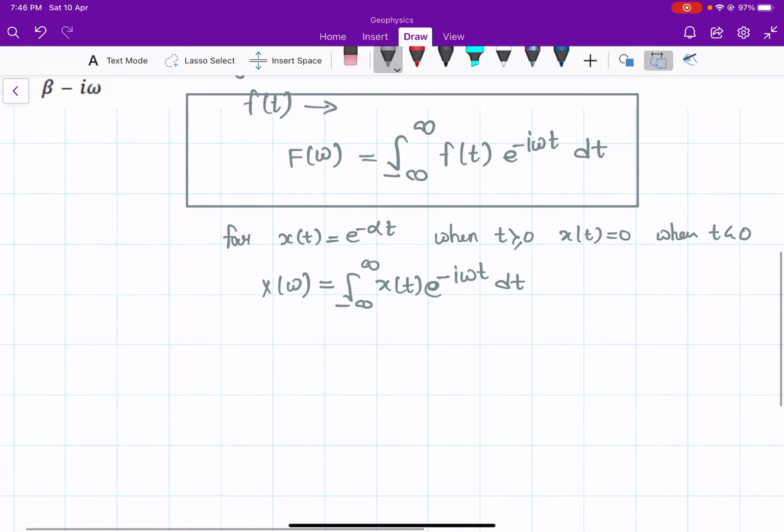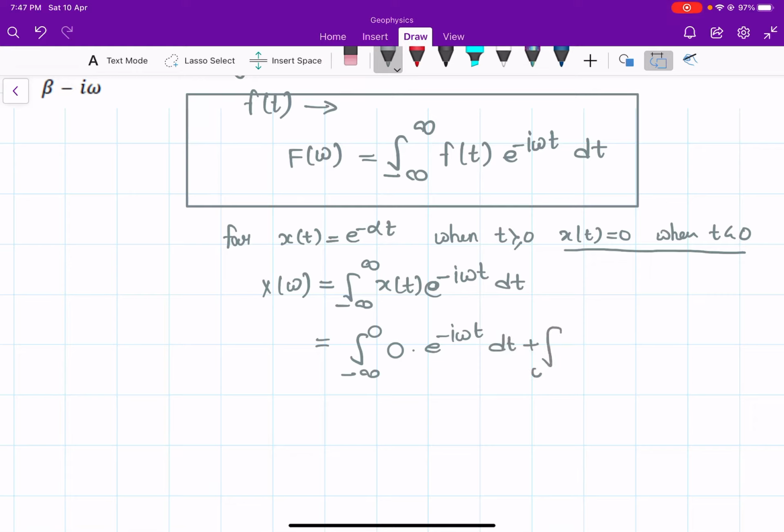So this is the Fourier transformation of x(t). Putting the value, from minus infinity to 0, x(t) is 0 for t less than 0, into e^(-iωt) dt, plus from 0 to infinity, x(t) is e^(-αt) times e^(-iωt) dt.